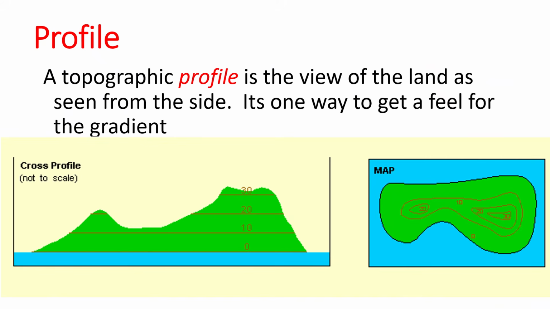Now the profile. The profile is what it looks like from the side. And it's one way that you can just kind of look at something and get an idea of the gradient. Can't necessarily do the math, but you can look at something and see, hey, it's steep on this side or the other.